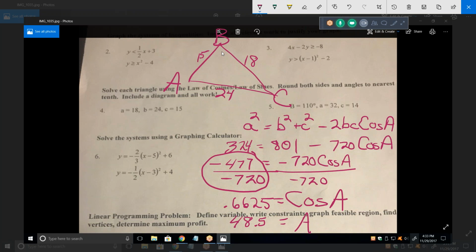If I need to eventually round to the nearest tenth, I'm going to keep at least 2 decimal places there. So that's my angle, 48.509 degrees.